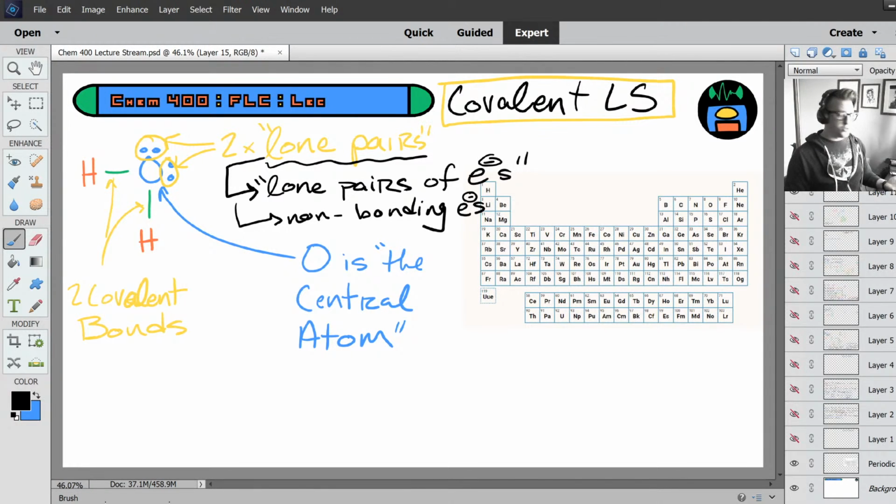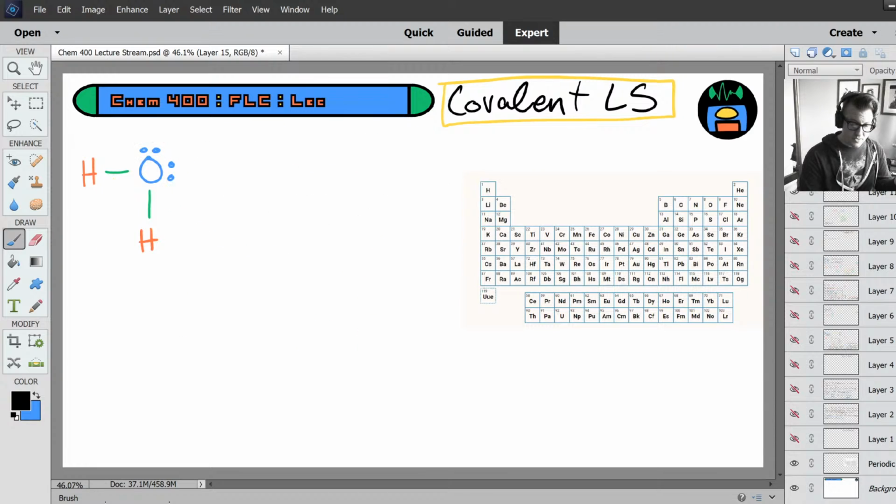All right, I just wanted to address those because this is the first covalent Lewis structure we've drawn with lone pair electrons in them. Wanted to make sure we're all on the same page. The second thing that I want to address is this is how I drew the Lewis structure, but depending upon how you did your Lewis dot structure for oxygen, yours might look different.